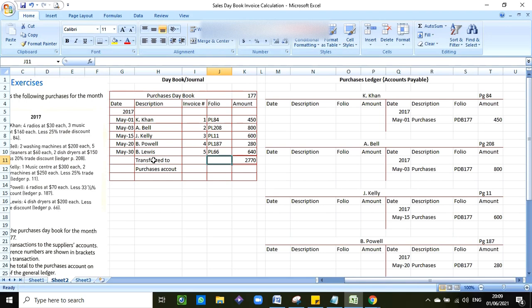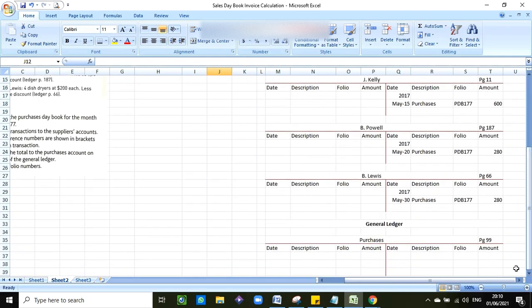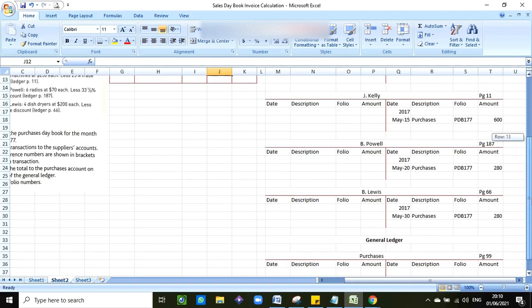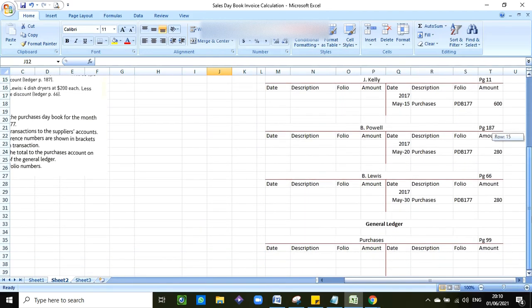This specific amount, the total that you see there, right here actually, that is going to a GL, which I just mentioned. So that would be GL, and the page number is 99, I believe I said. Let me verify that. Yeah, the GL is page 99. So that is the description. I ran out of space there. Notice I just used the other line. That's not a problem. So remember that from the previous chapters, purchases will always be debited.